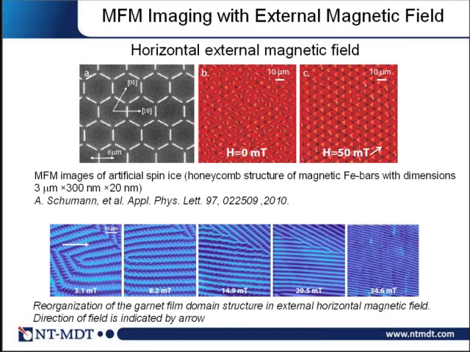And since Garnet films are low coercivity films, the domain structures are also quite complex. You see how this domain structure is evolving when you apply a magnetic field, and even a rather weak magnetic field gives you already a quite ordered structure of the domains.